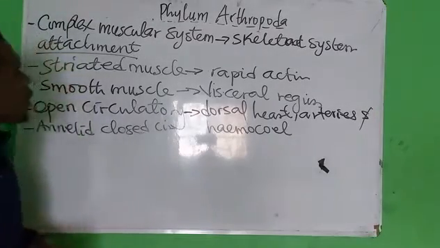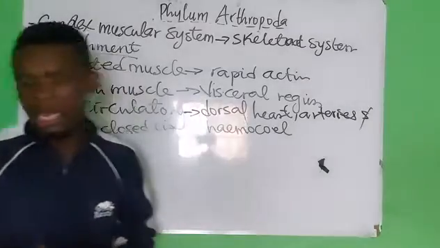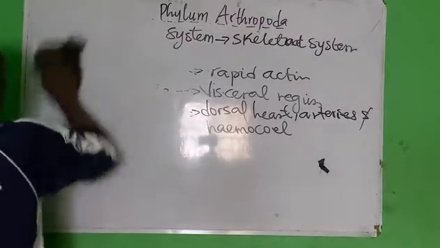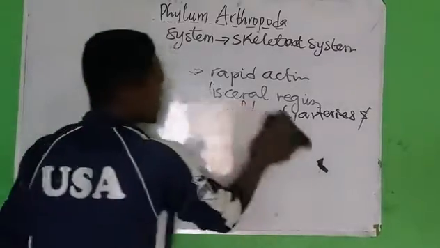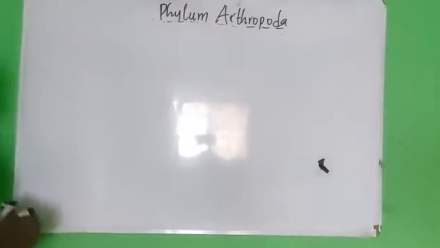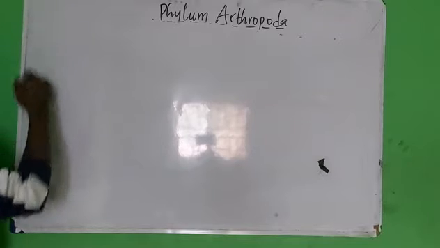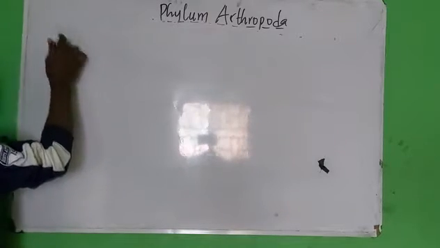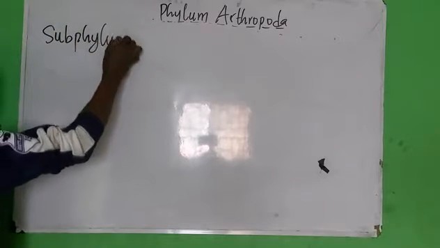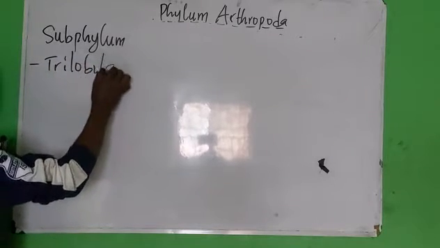Okay? Now, I've given you the general features of phylum Arthropoda. Let's do this. Please take note of all the features I've given us. It is very, very important. Take note of all of them. Now we have phylum Arthropoda. We have subphylum Trilobita.